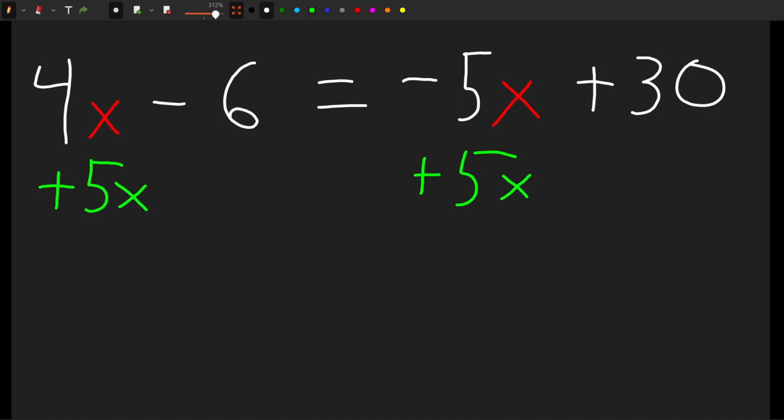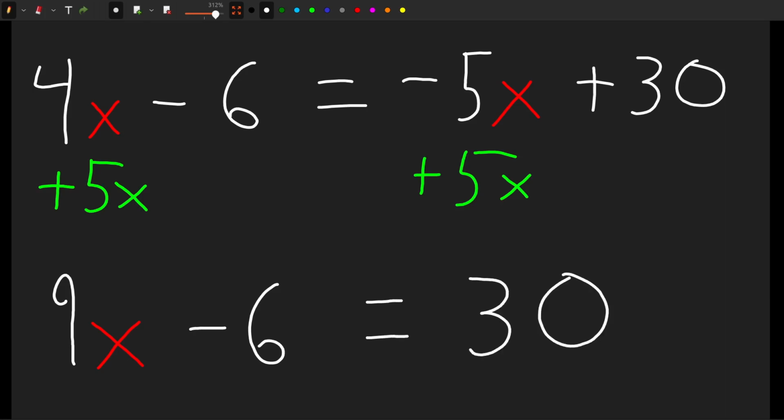And so now 4x plus 5x will get me 9x. And then I'm going to have the minus 6 left. And I will have the 30 on the other side. Okay.